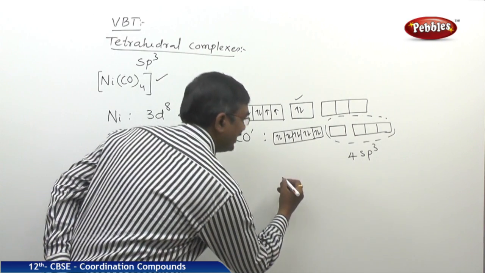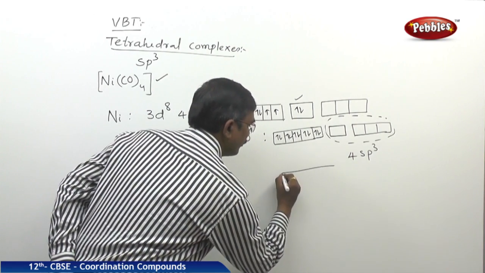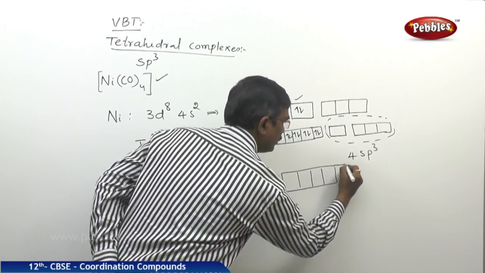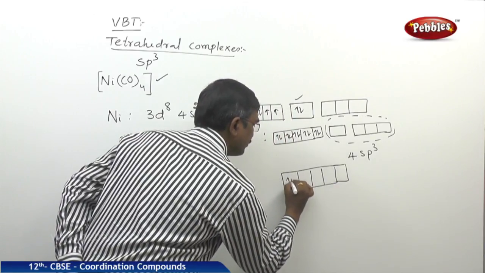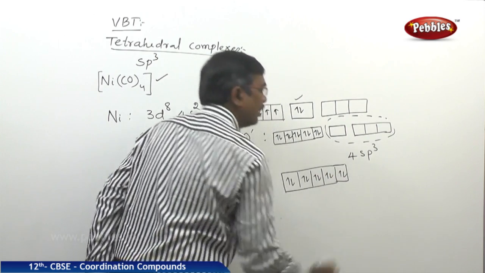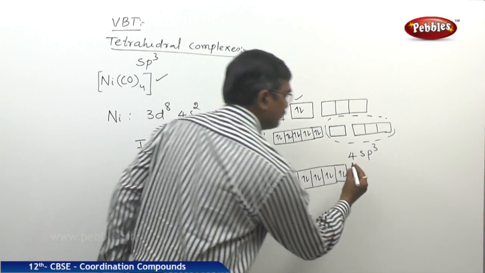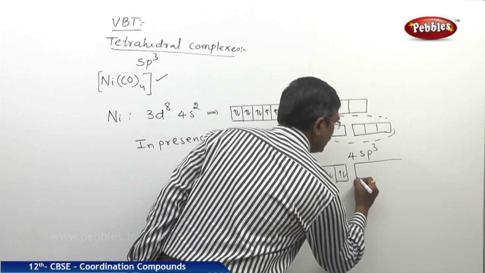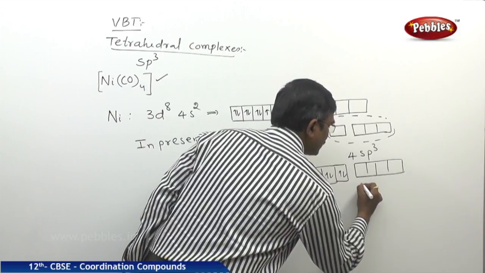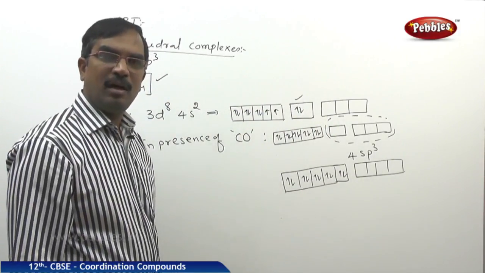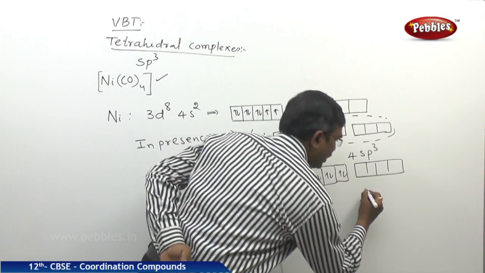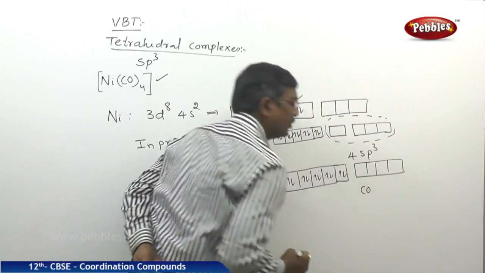Now we can show the same thing like this. The 3d is filled completely, and with sp3 hybridization, all these four are sp3 orbitals. Each carbon monoxide provides one electron pair.